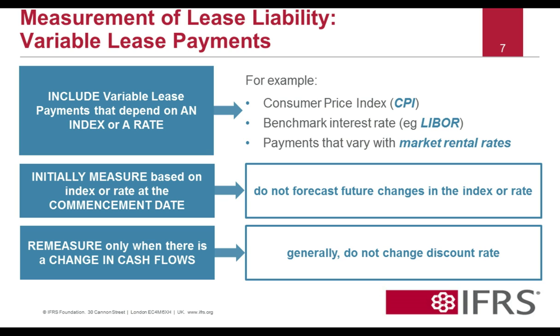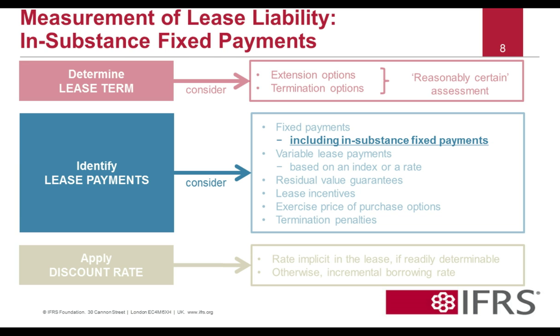We'll talk about the discount rate a bit later, but for completeness, note that the discount rate is typically not reassessed in this situation. The lessee typically continues to use the same discount rate that it applied at commencement of the lease.